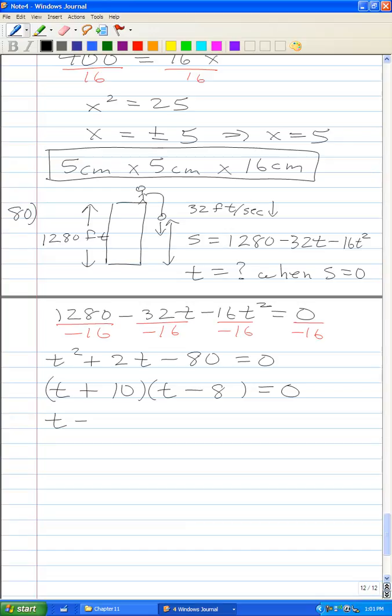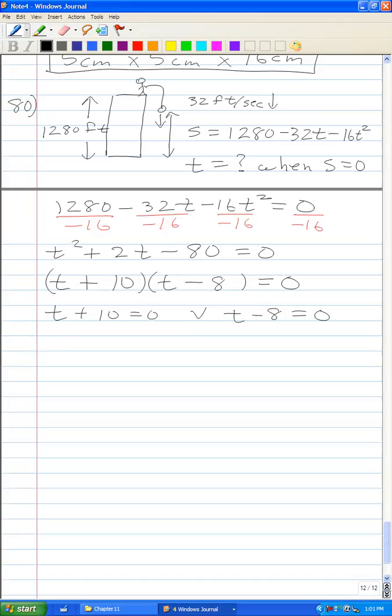Set each factor to 0 and solve for t. Subtract 10. Add 8 to both sides of your equation. And so t equals negative 10.